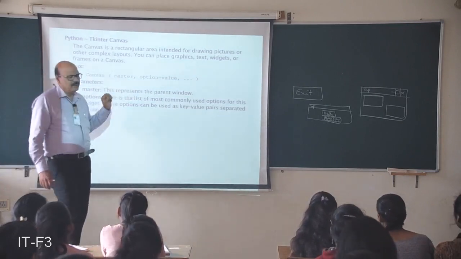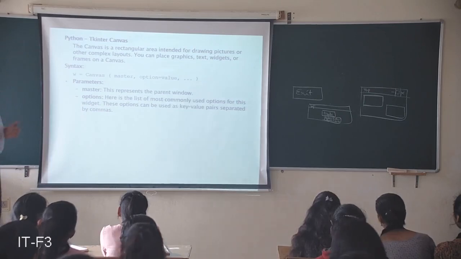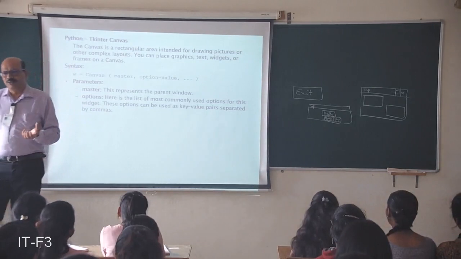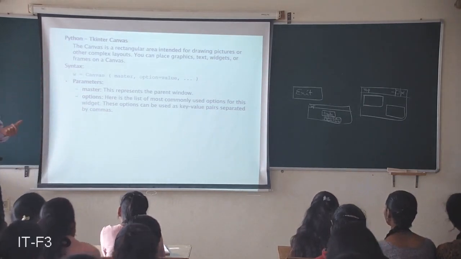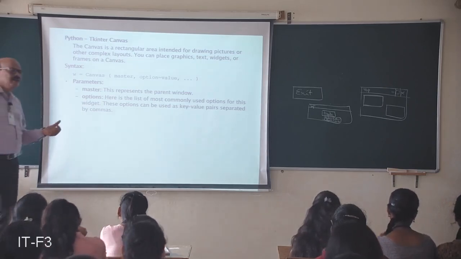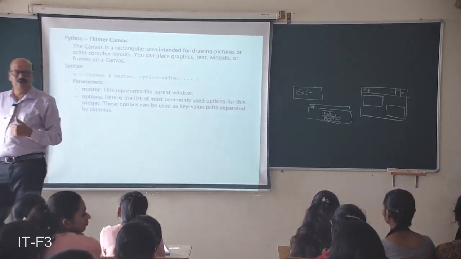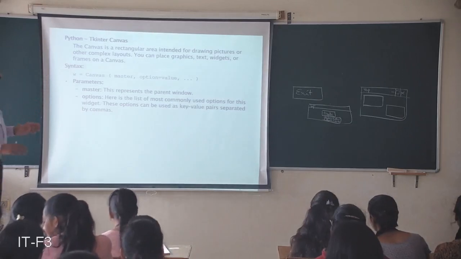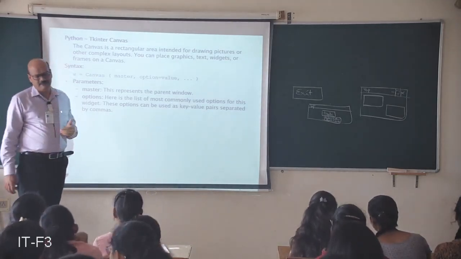The difference between window and frame: a borderless window is known as a frame. Frame will not have a border, whereas window will have a border. And frame will not have these three buttons, minimize, maximize and close, associated with it. So a borderless window with no controls is known as a frame.